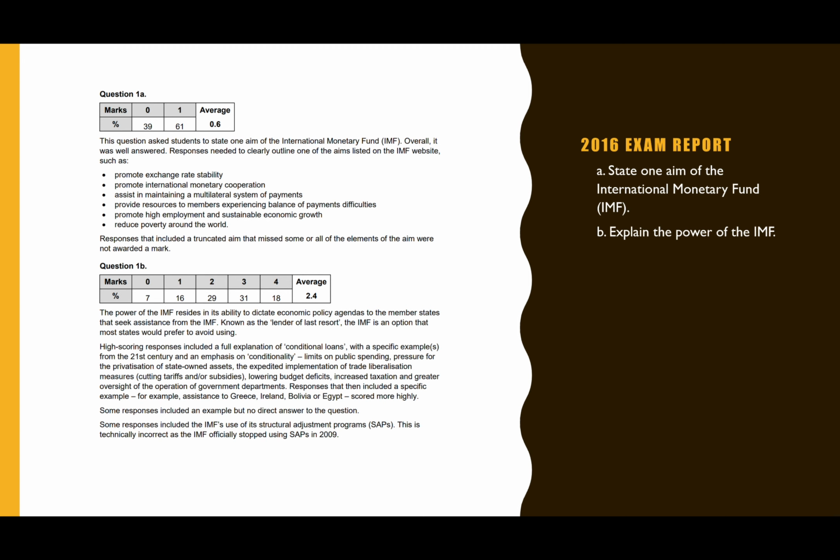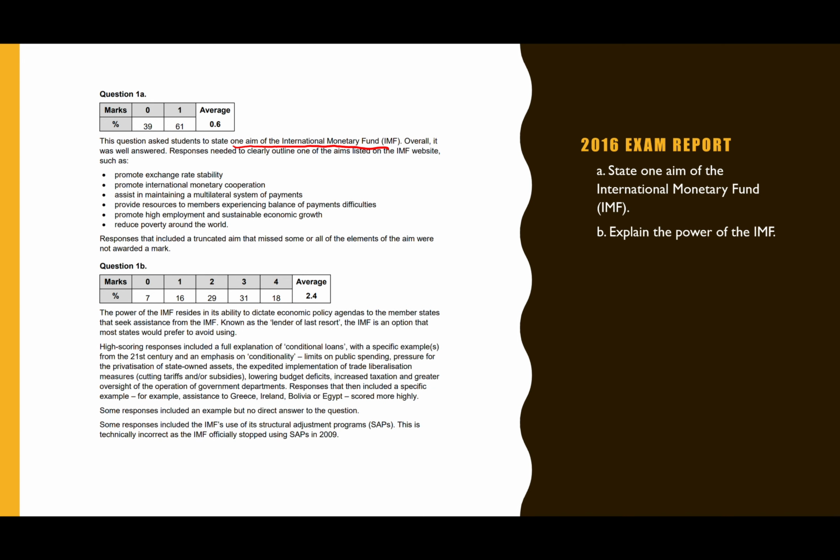Okay, so in terms of a practice question, this was in 2016. It was just to state one aim of the IMF and to explain the power of the IMF. In terms of how to answer it, the aims of the IMF are on their website. So if you are ever unsure, you can always go back to that. But the main ones that we have spoken about today are there.